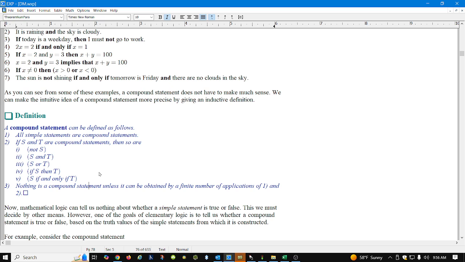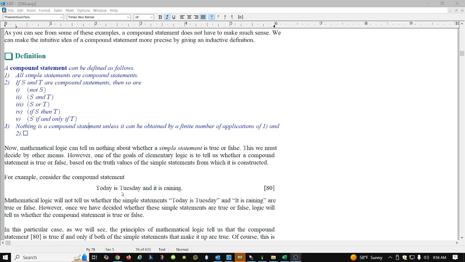You look on a calendar to see if it's true or not. But one of the goals of elementary logic is to tell us whether a compound statement is true or false based on the truth values of the simple statements from which it is constructed.